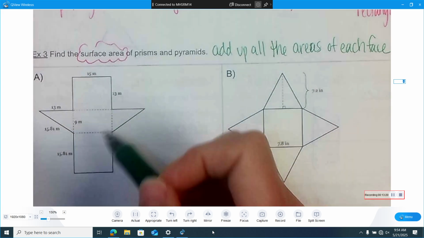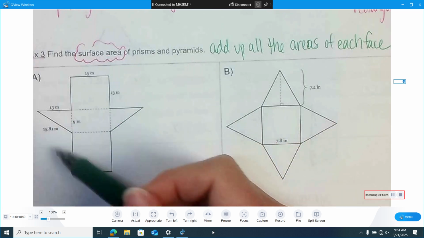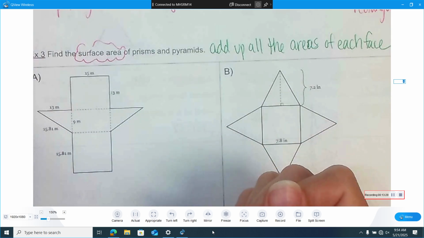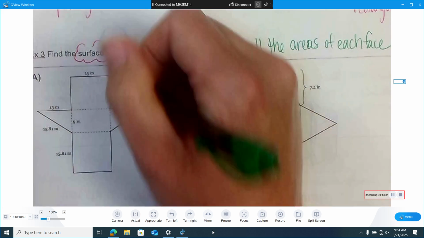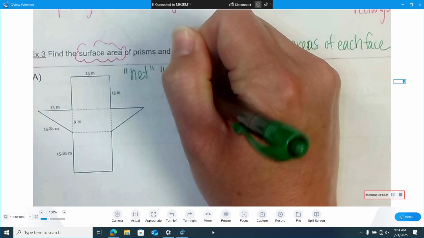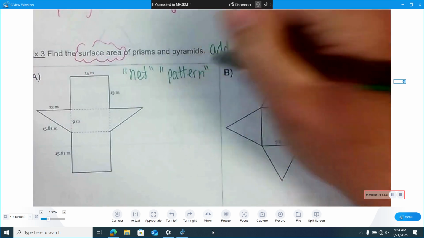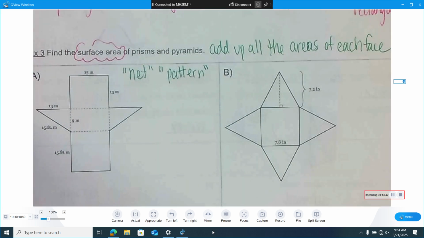And so what you're looking at here, we want to add up all the areas of each face. Do you know what the word for this is called? What this thing here is? Have you seen one of these before? It's called a net. But I think that it's really like a pattern, okay? So the mathematical word is, we call it a net.